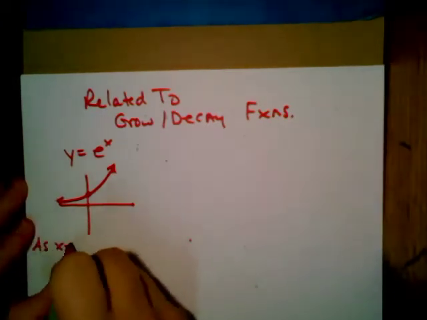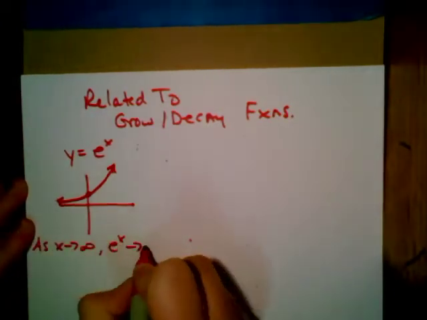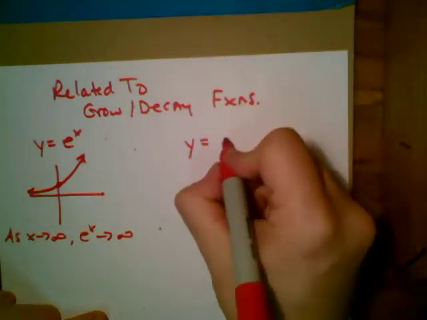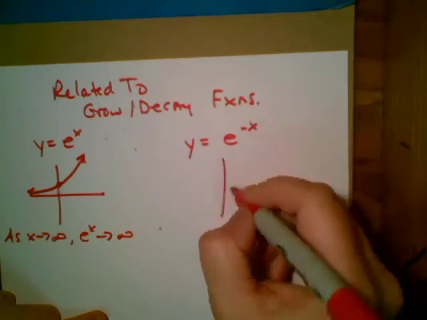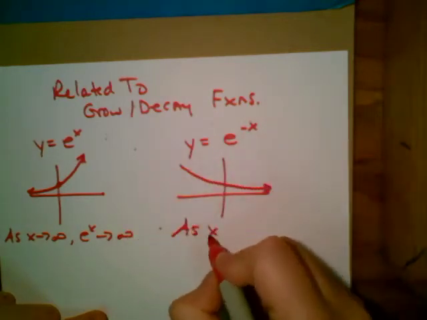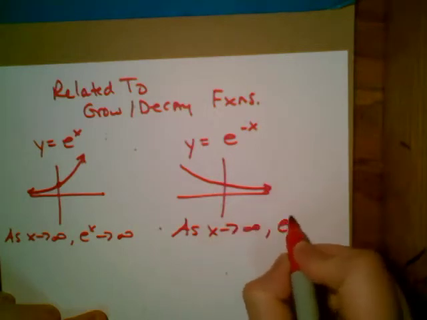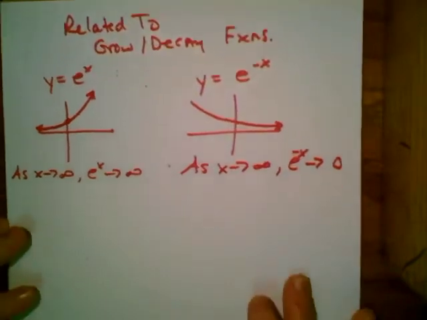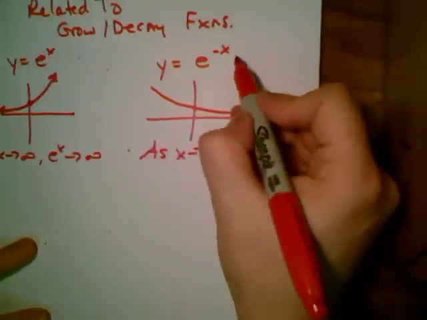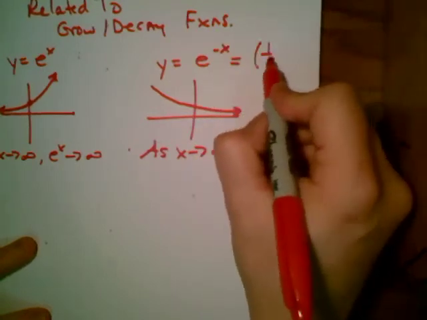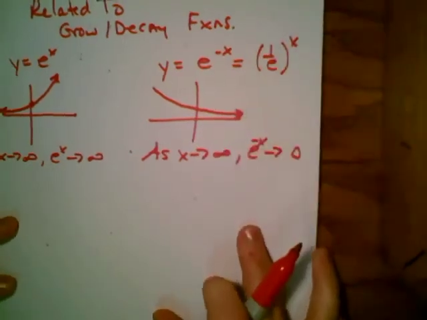As x goes to infinity, e to the x goes to infinity. On the other hand, e to the -x is a decay function, and as x goes to infinity, e to the -x goes to 0. Another way to write e to the -x would be 1 over e to the x.